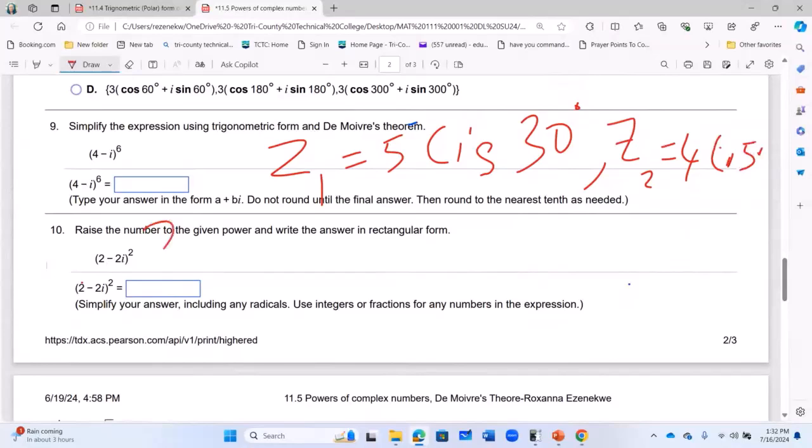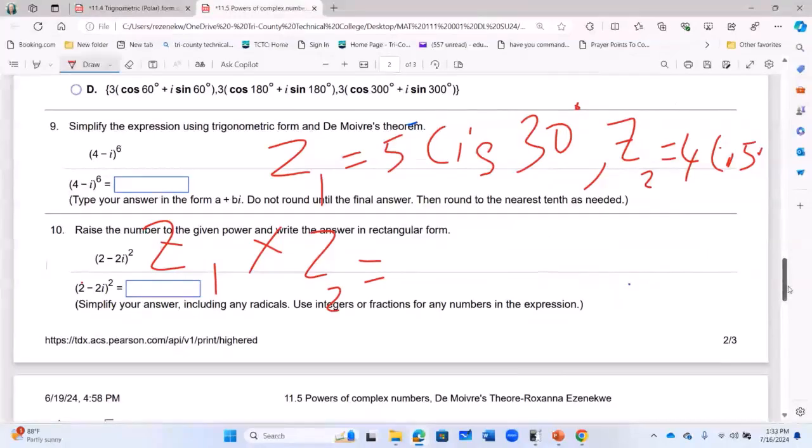If I'm told to multiply Z1 by Z2, first of all, what you are going to do is add the angles.